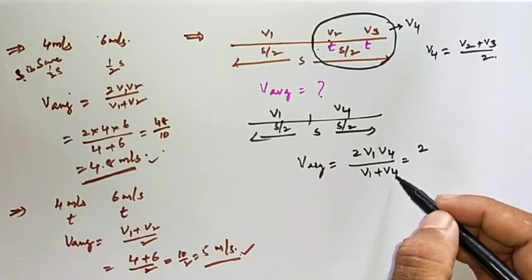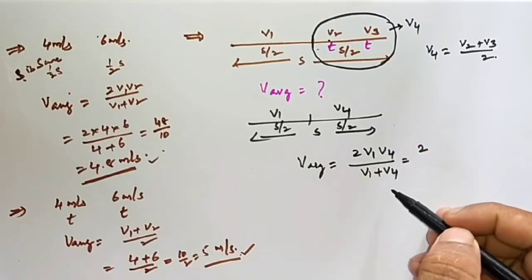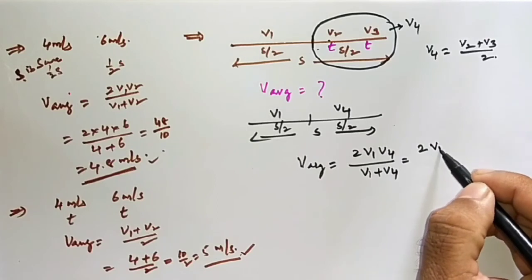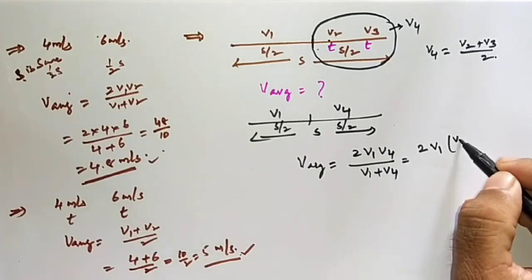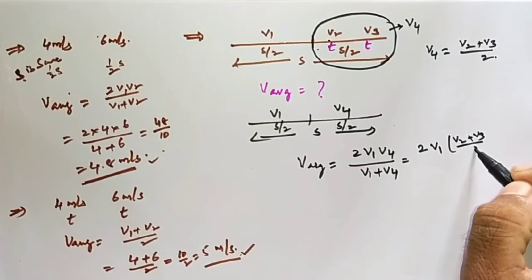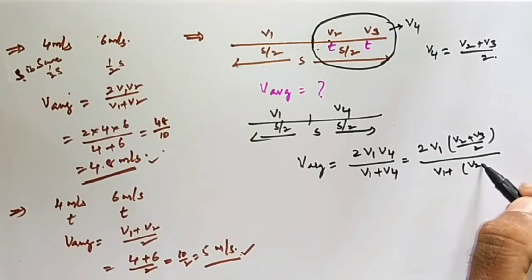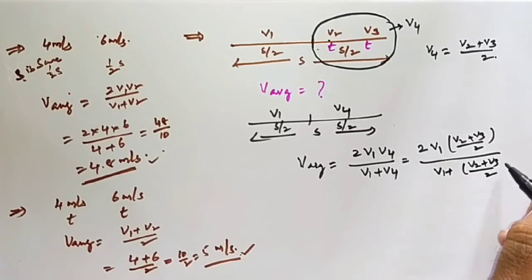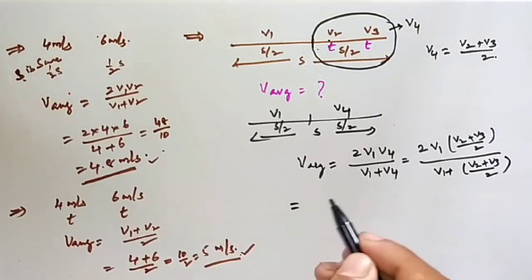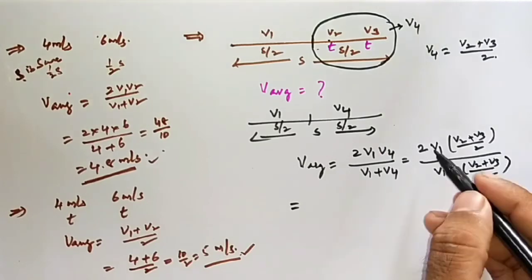2v1v2 by (v1 + v2). In place of v2 we have v4. That is 2v1 into v4, which is (v2 + v3) by 2, divided by v1 plus again (v2 + v3) by 2. Let us simplify that. The 2 gets cancelled.